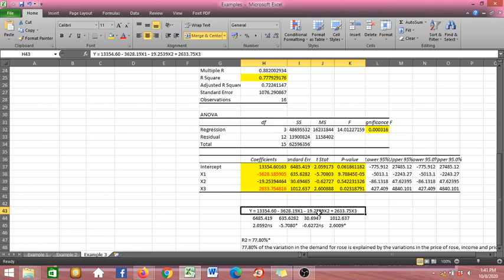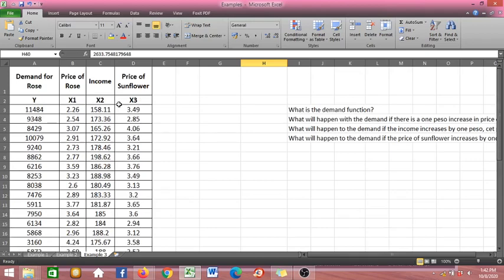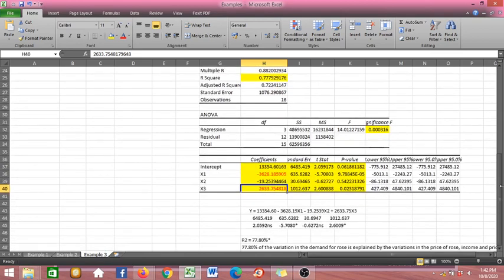But since the result is not significant, we no longer need to interpret it or justify why the equation gave that result. And then x3, which is positive, is correct according to our microeconomic theory: when the price of sunflower increases, the demand for rose also increases, since people will shift to consuming roses rather than sunflowers because of its price.